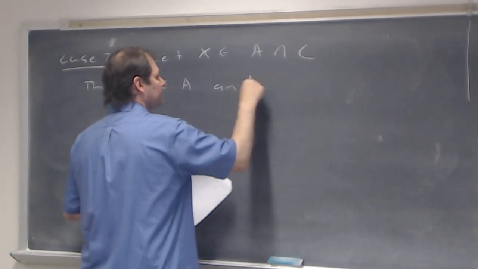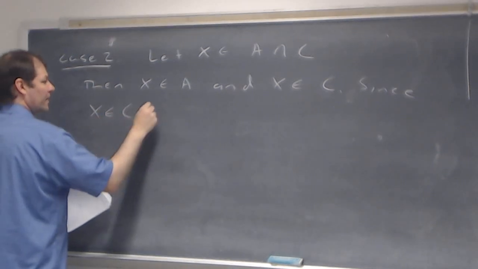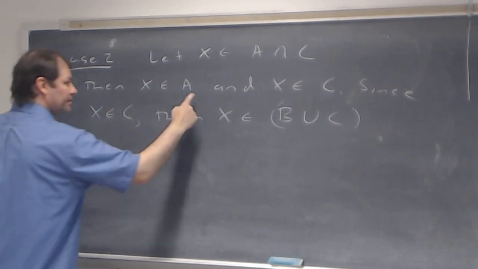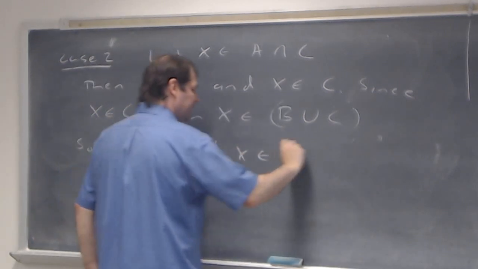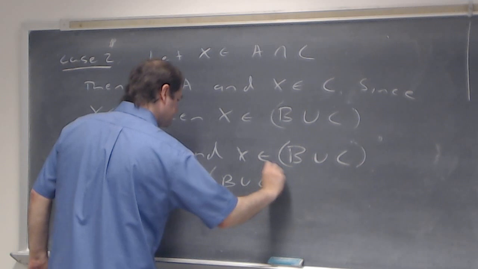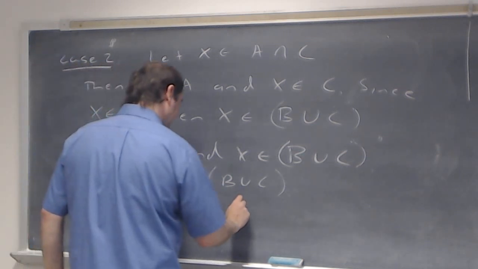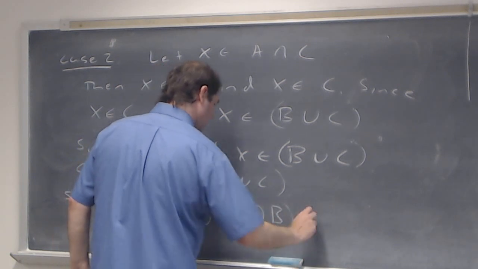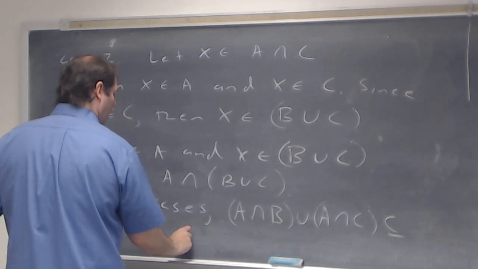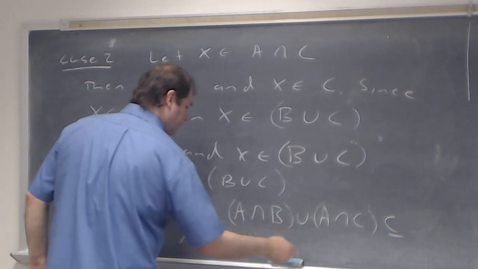X is in A and X is in C. Since X is in C, then X is in B union C, because X is in C. So what we have is X is in A and X is in B union C. So that says X is an element of A intersect B union C. So, in all possible cases, A intersect B union A intersect C is a subset of A intersect B union C. And that's the proof. Well, I'll make one conclusionary statement.